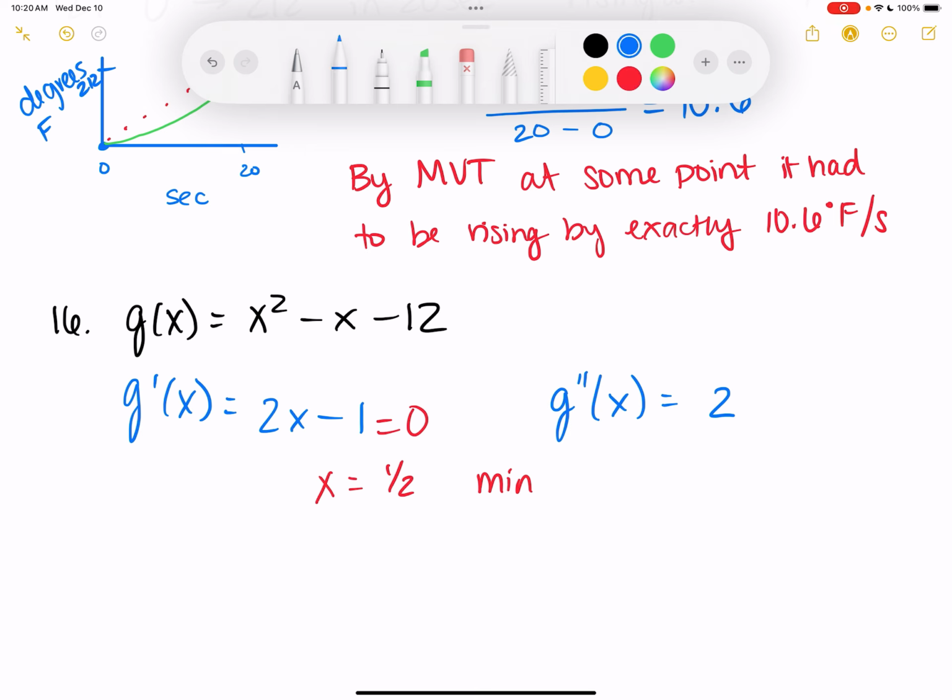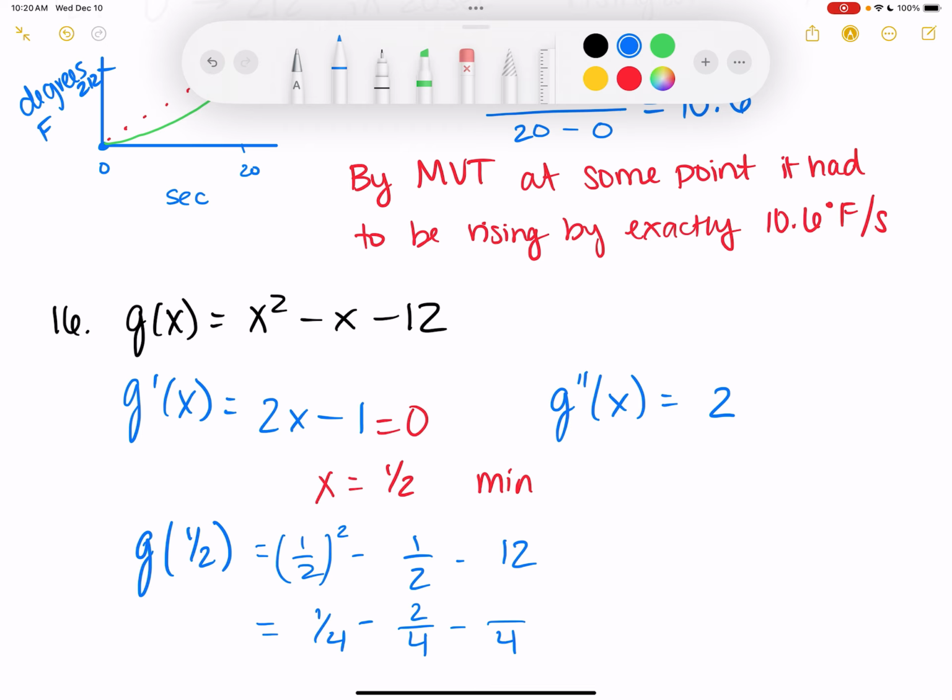So to do that, we plug that into the original. So g of 1/2 is 1/2 squared minus 1/2 minus 12. So 1/4 minus, let's get common denominators here, so over 4, minus 2 over 4, and then minus 48 over 4.